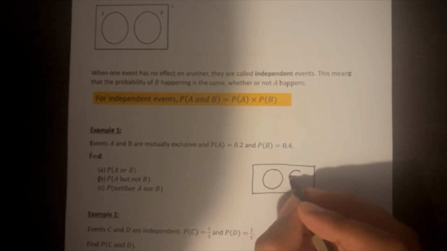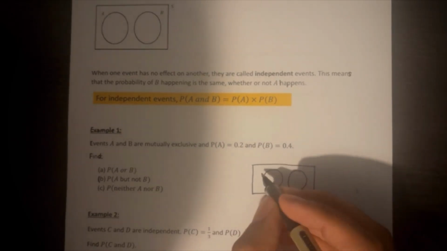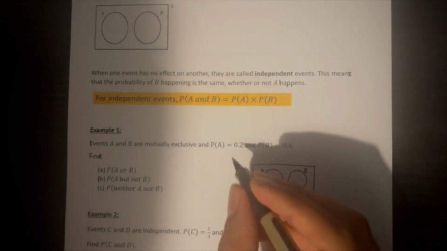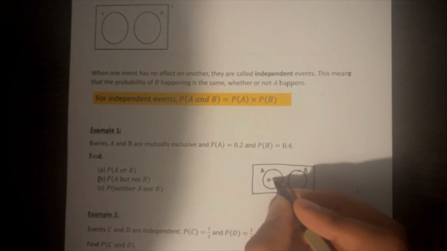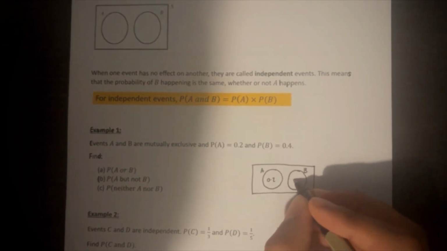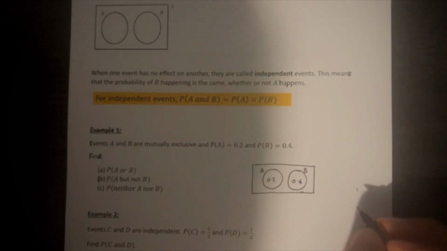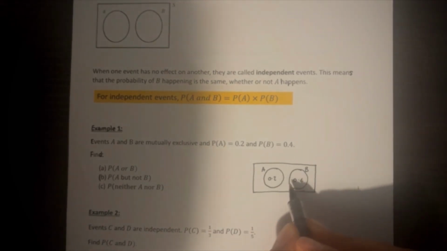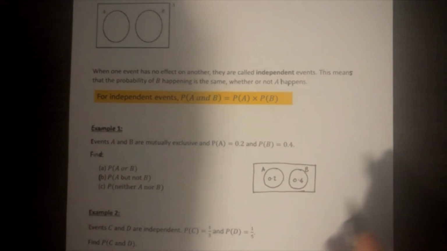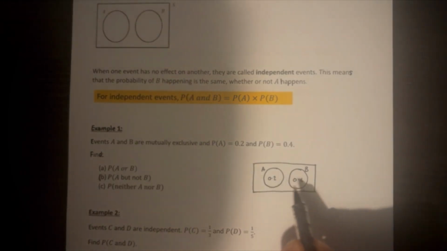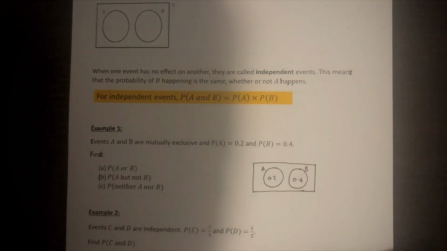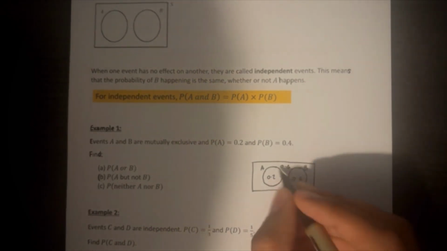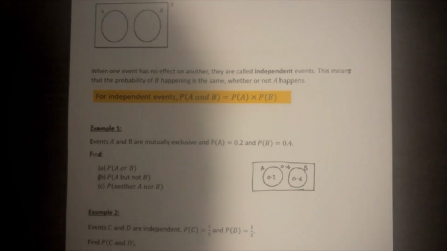If I draw our 2 events, A and B, A is equal to 0.2 and B is equal to 0.4. In that Venn diagram, our probabilities would have to add up to a whole one. 0.2 and 0.4 add up to 0.6, which must mean I've got 0.4 on the outside as well, because now all of these will add to make 1.